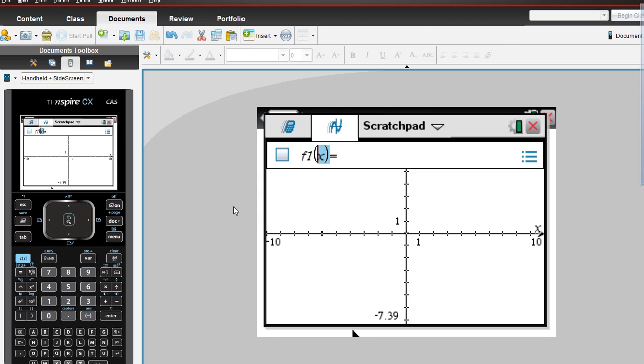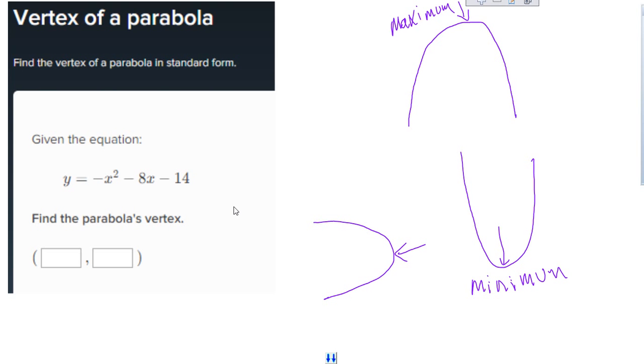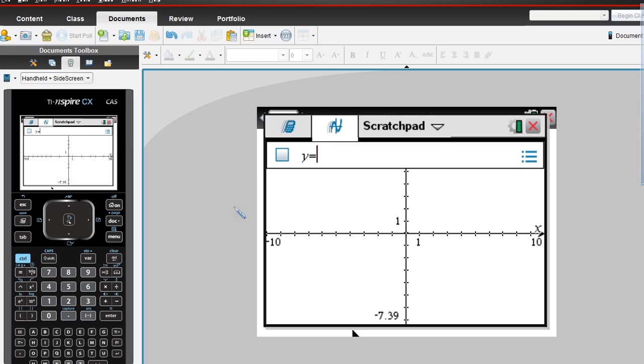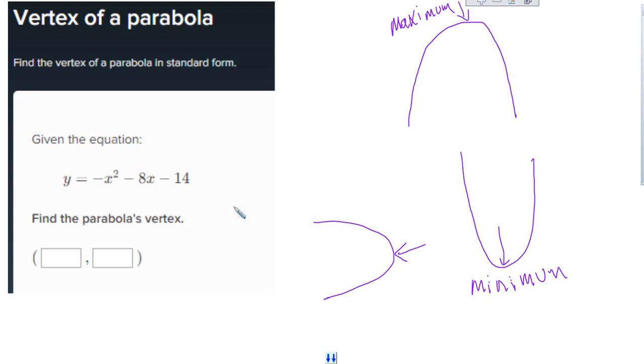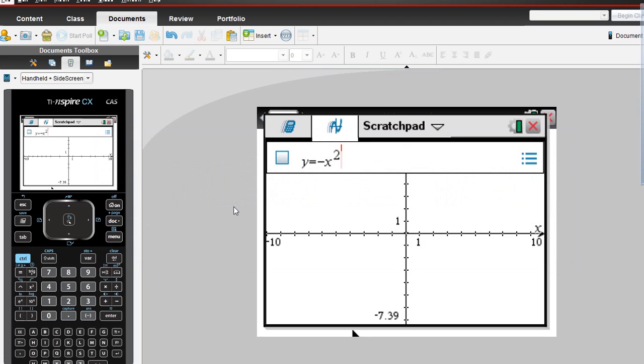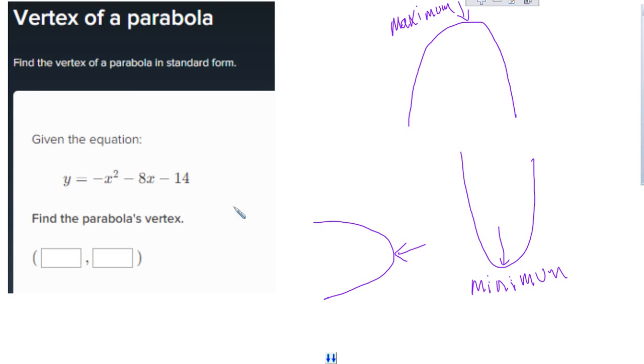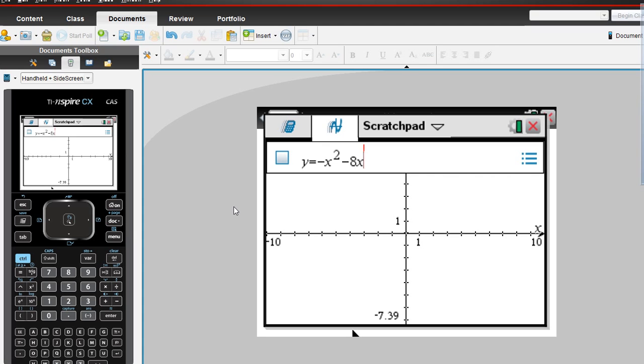So I put negative x squared and minus 8x and minus 14.